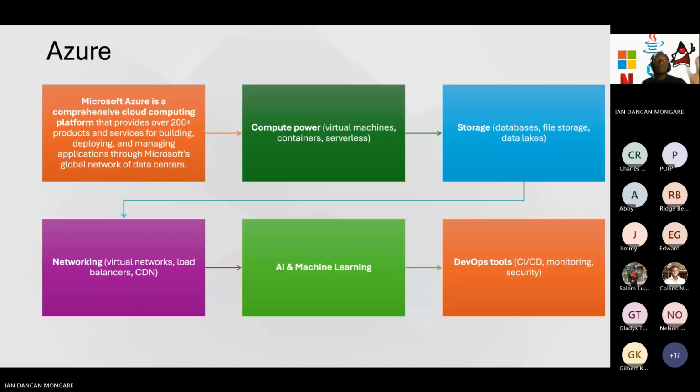Cool. Now, just a walkover of what Azure is all about. Forgive my slides, I hope they're visible. Ideally, when we talk about Azure, it's a comprehensive cloud computing platform that provides over 200 products and services for you to build your applications, deploy them, and also manage them through Microsoft's global network of data centers. This brings about another concept called data centers, where your data is stored.